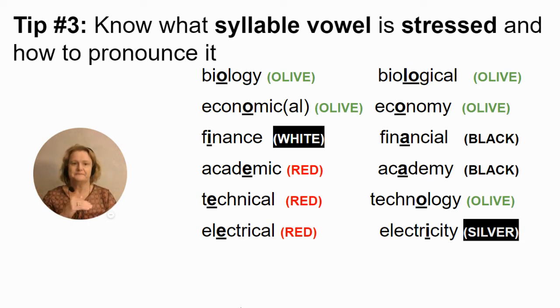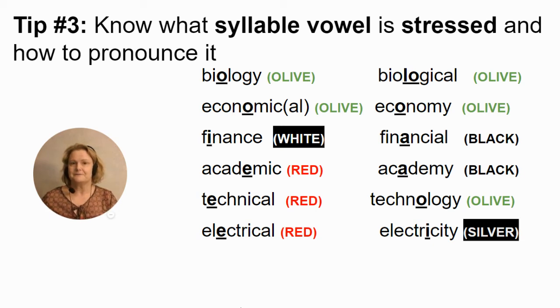Technical, technology. So here, these are two completely different vowels. And finally, electrical, but electricity. So it's important with these words that you put the stress on the correct syllable, or people will not understand you very well.